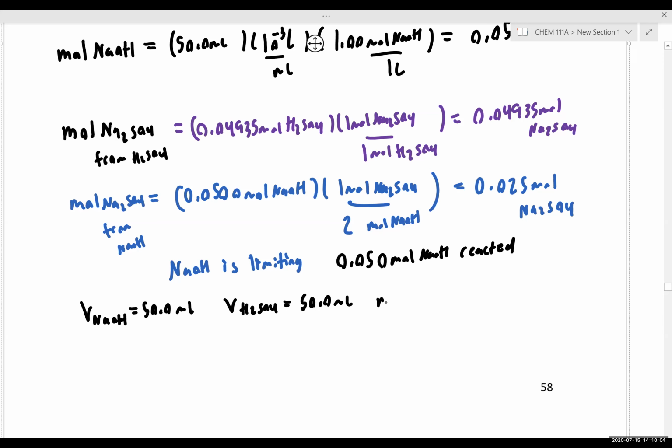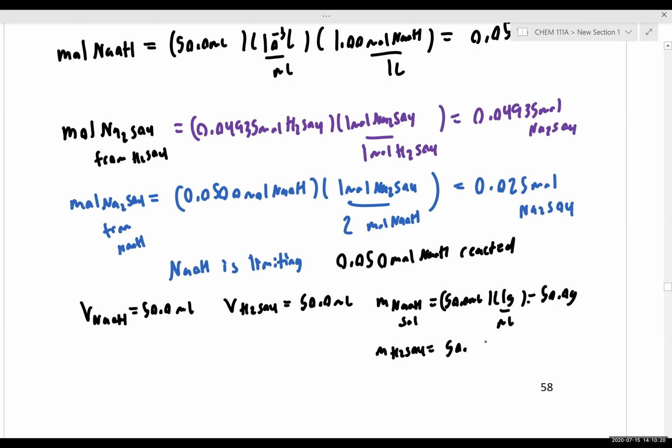So then we know that the mass of the sodium hydroxide solution is 50.0 mL times 1 gram per mL, which gives us 50.0 grams. Likewise, the mass of the sulfuric acid solution would also be 50.0 grams.